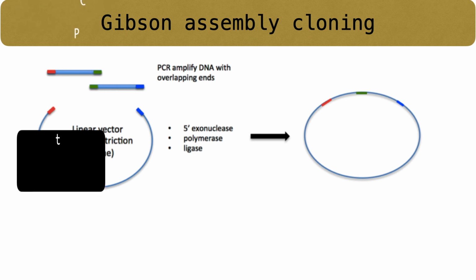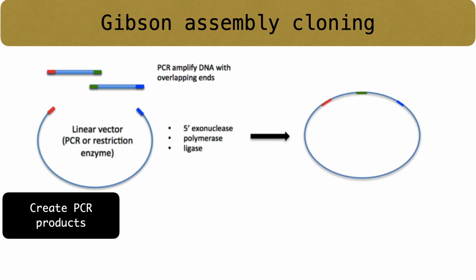We first have to create a PCR product for the gene of interest that we want to clone, and we have to use specific primers so that it will create homology between our gene of interest and the linear vector. So we amplify our gene of interest with overlapping ends using the specific primers, and we will have the same overlapping ends with the linear vector.